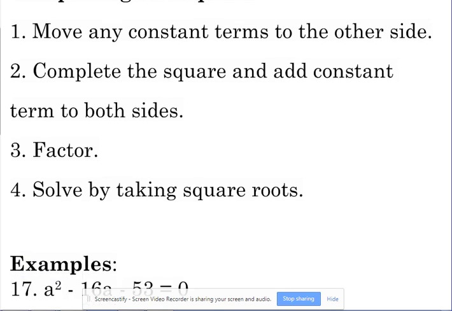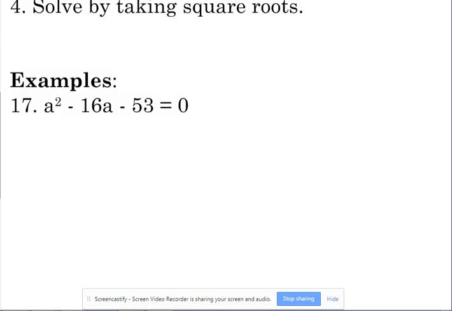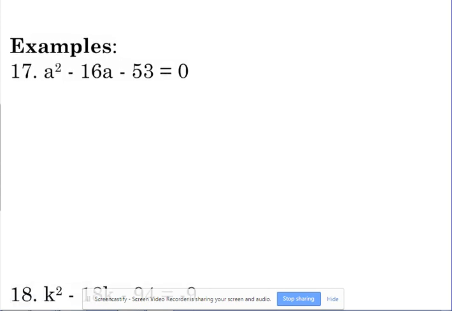So let's look at an example of actually doing this. Let's look at number 17. Okay, we've got a squared minus 16a minus 53 is equal to 0. So we want to leave our variables where they're at, on the left side, and we want to move that 53 to the other side.